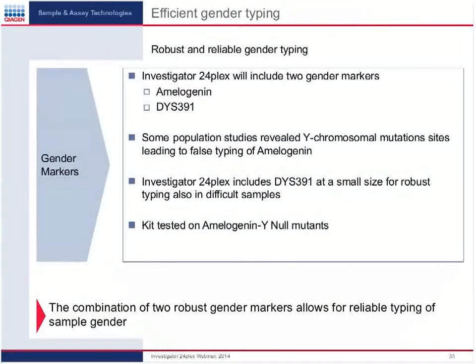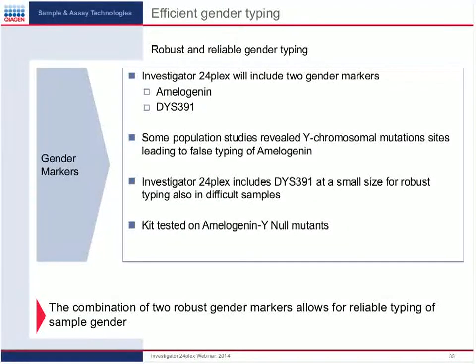In the past, some population studies showed that there are mutation sites on the Y chromosome that lead to failed typing of amelogenin. There are studies from India and Malaysia that showed, for example, point mutation sites in the primer binding sites.